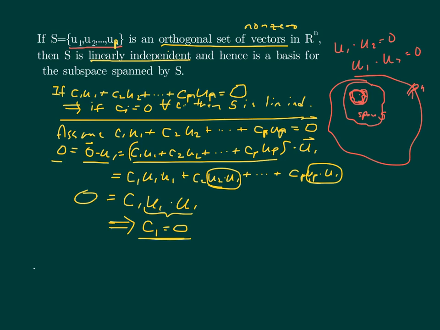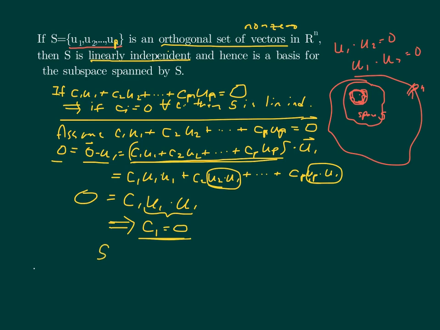Now, we got that because we assumed a linear combination equal to 0, as in the test for linear independence, then we did the dot product with u sub 1, and that forced c sub 1 to equal 0.